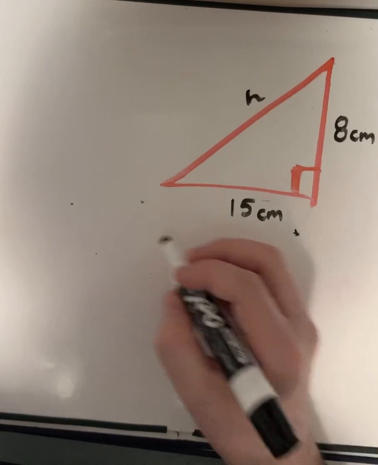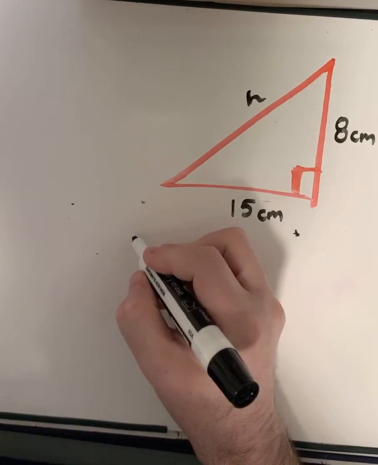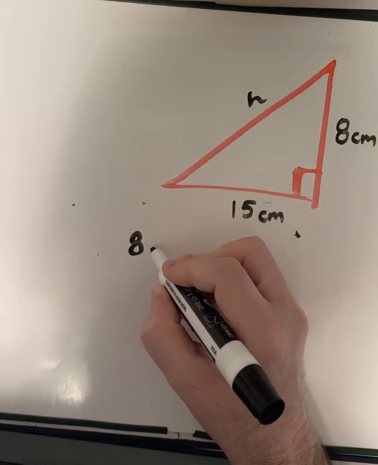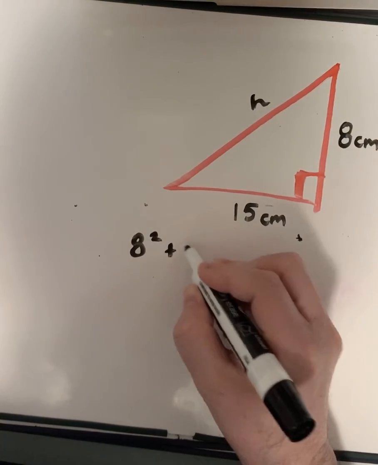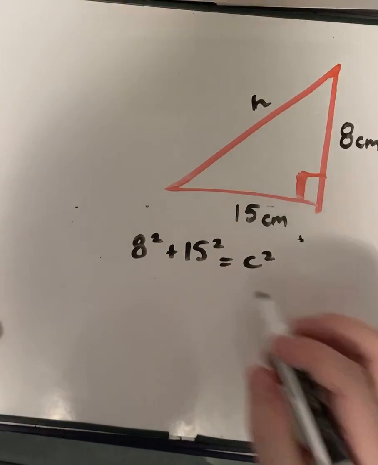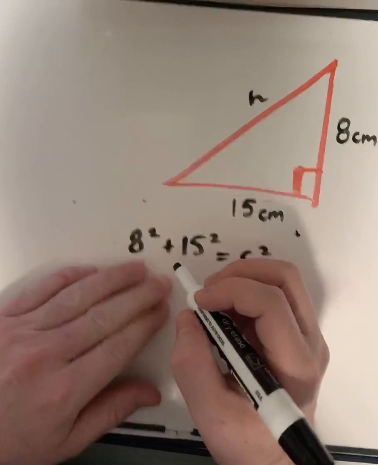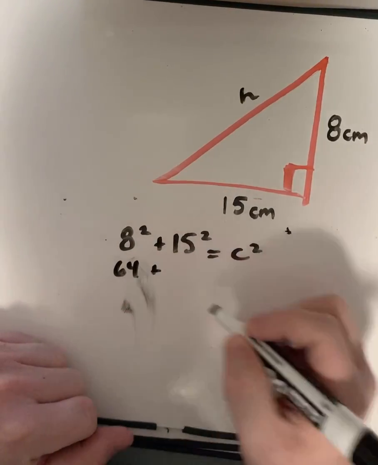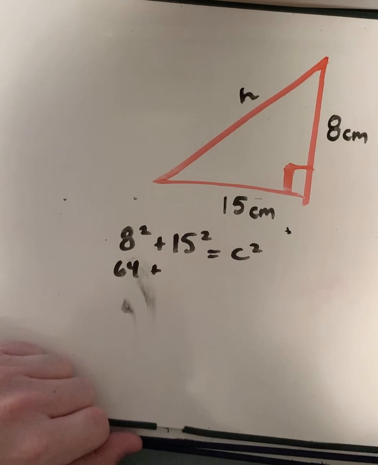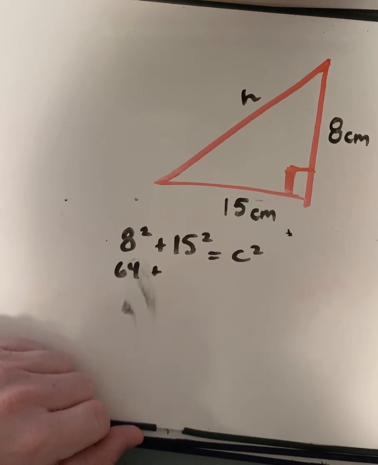Okay, so welcome back. We're going to solve this together now. So let's do this. 8 squared plus 15 squared equals c squared. So 8 squared, oops, we know that 8 squared is 64, and 15 squared is, yep, what did you guys get?